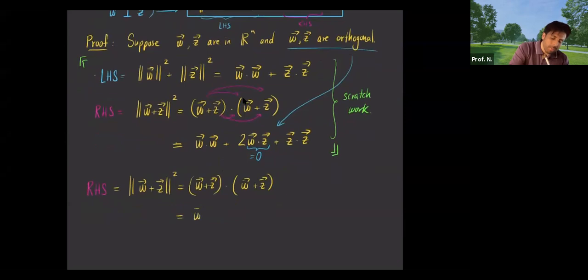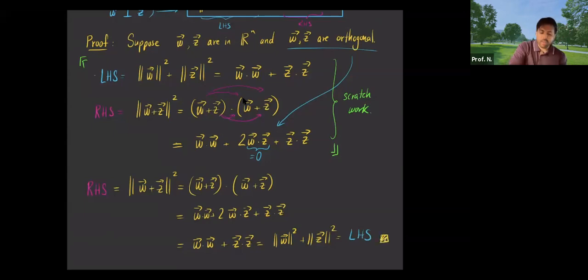And so I get W dot W plus 2 W dot Z plus Z dot Z. But this equals W dot W plus Z dot Z, which is the norm of W squared plus the norm of Z squared, which equals the left-hand side, which is the end of the proof.